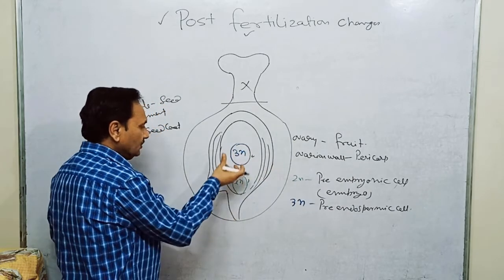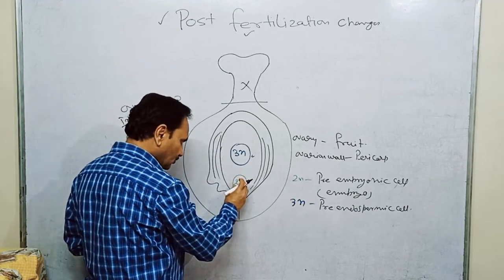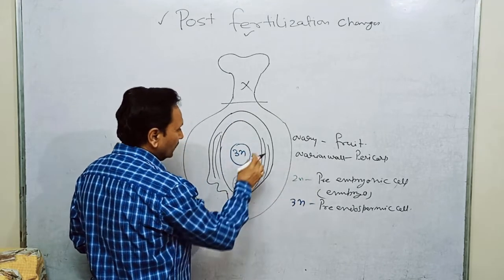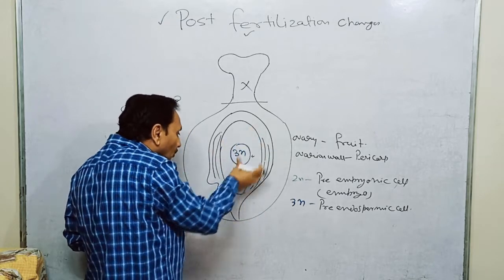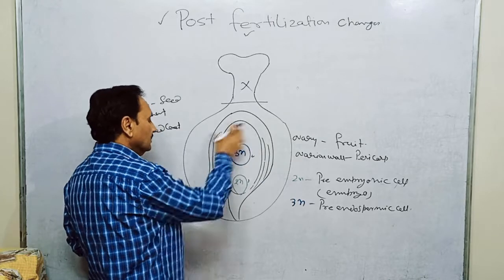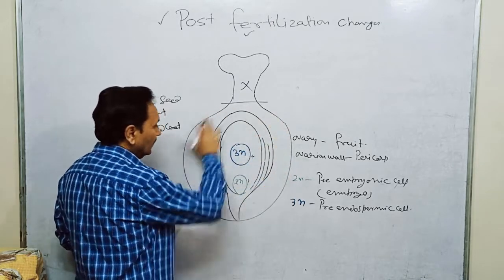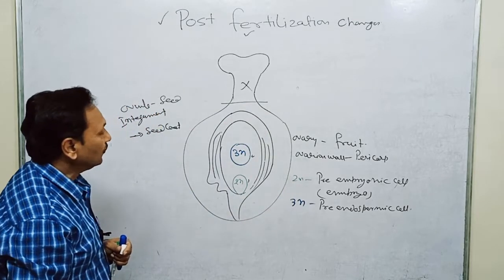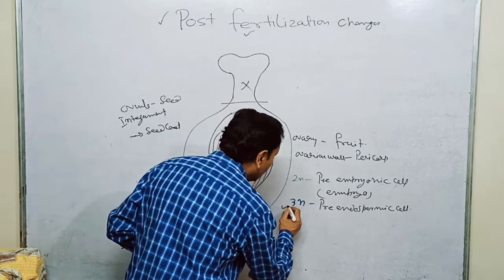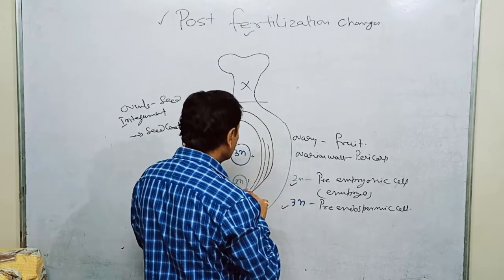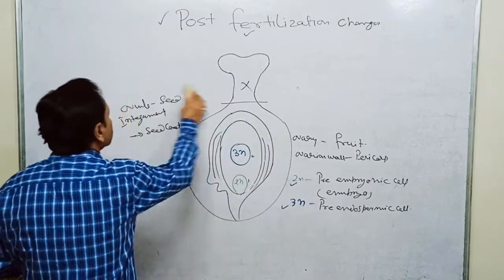The fate of this 3N cell is to form endosperm. The fate of this 2N cell is to form the embryo. This integument is responsible for forming the seed coat. The whole of the nucellus and ovule is responsible for forming seed, and the whole ovary is responsible for forming fruit. Now we will discuss how the endosperm is formed and how the embryo is formed in dicot and monocot plants.